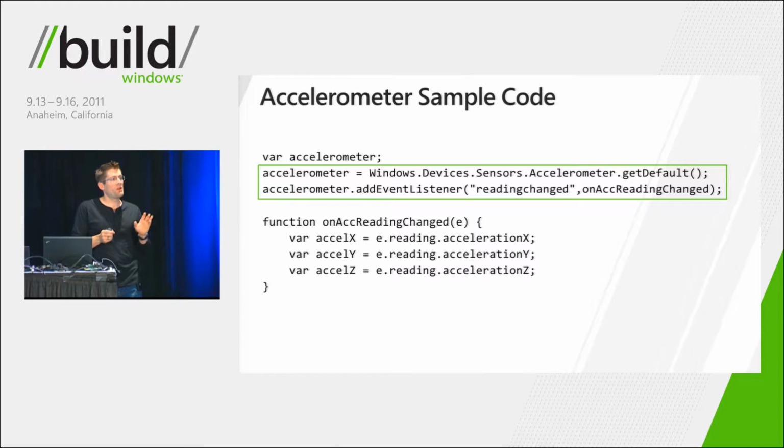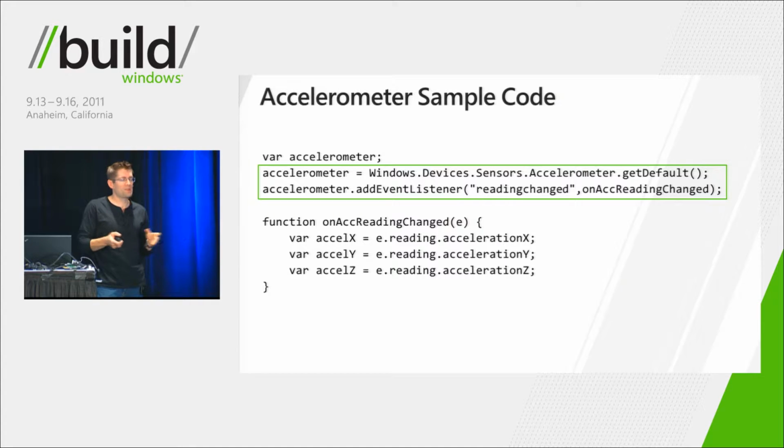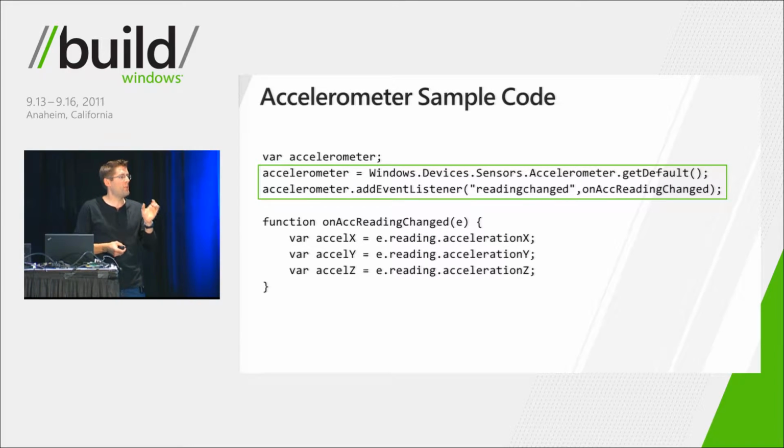The code I'm going to show you here is for the accelerometer, but it's really representative of all the sensors except the simple device orientation sensor. That sensor is a little bit different. Sensors are exposed in the Windows.Devices.Sensors namespace. When we want to use a sensor, we take the name of the sensor object and call the getDefault method.